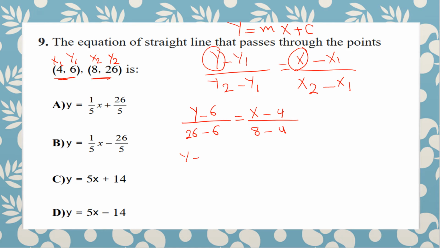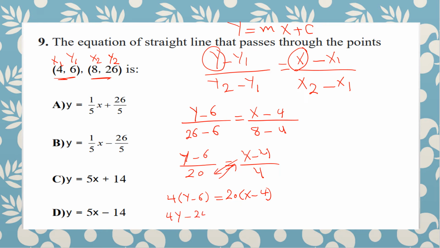So y minus 6 over 20 equals x minus 4 over 4. By cross multiplying, we get 4 times (y minus 6) equals 20 times (x minus 4). This equals 4y minus 24 equals 20x minus 80.